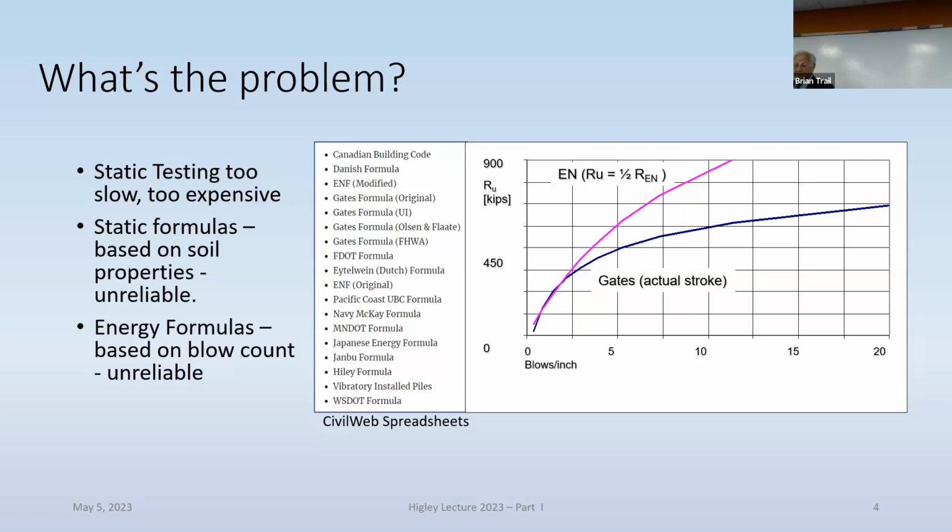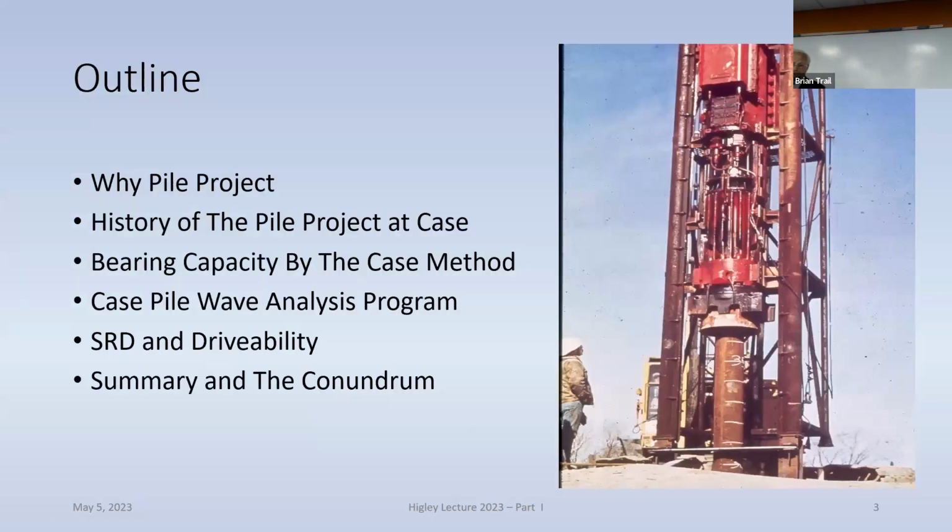Contractors actually liked it because it's very simple. And calculating with a static formula was already considered a little bit too complicated. You had to know soil properties. And then at the end, it was often disappointing because the static formulas didn't work out very well either. So things that we had available were unreliable.